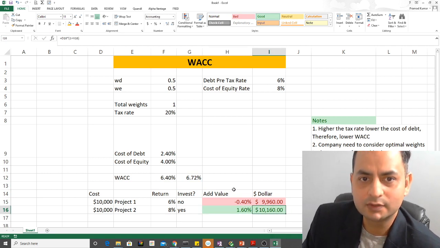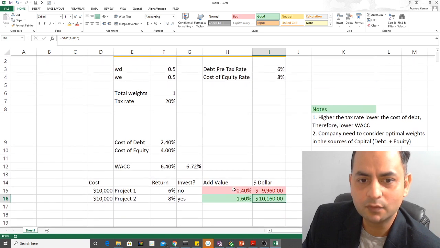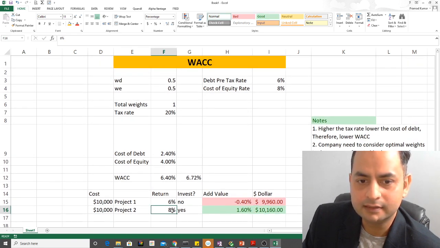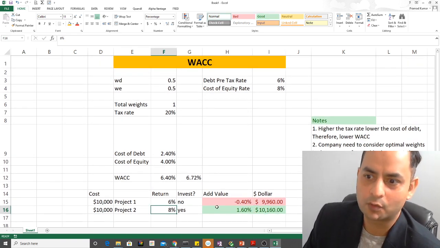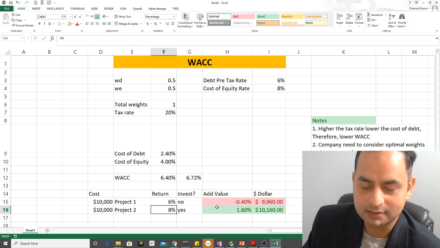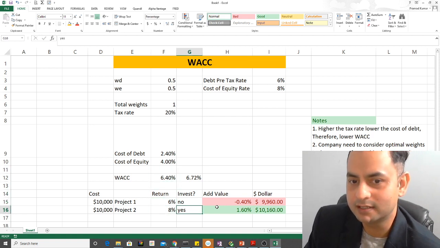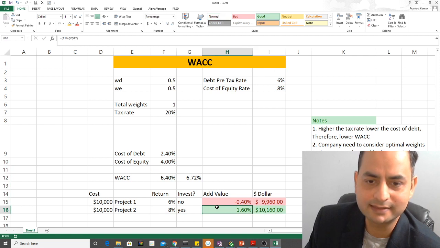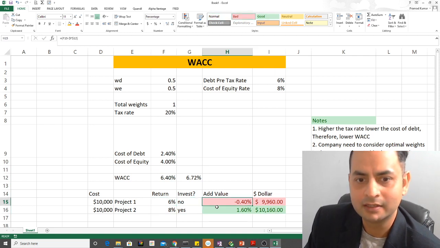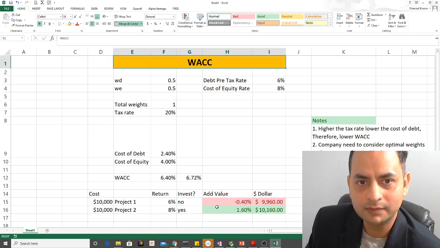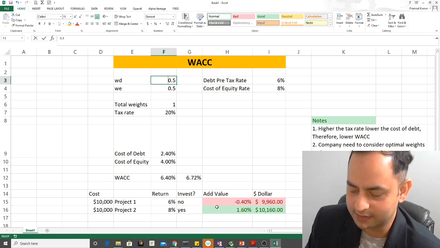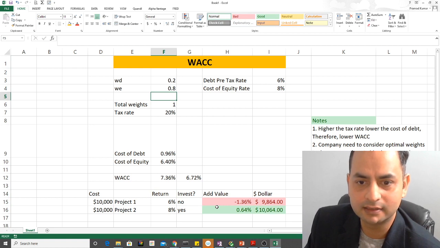Now let's go back. This is what the corporate finance department pretty much does: they take all the cash flows. This is a very simple example for 1 year. Let's assume this one is 0.2 and this one is 0.8 with a different capital structure.